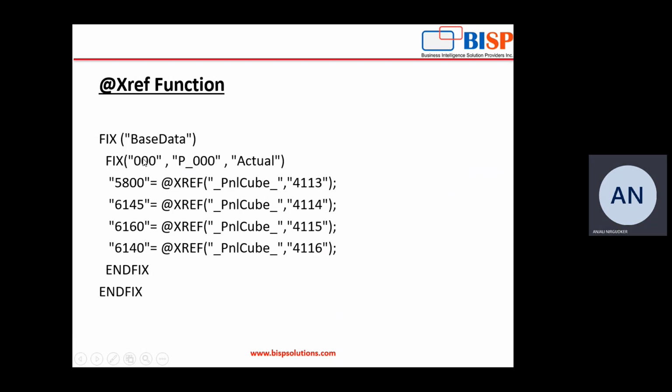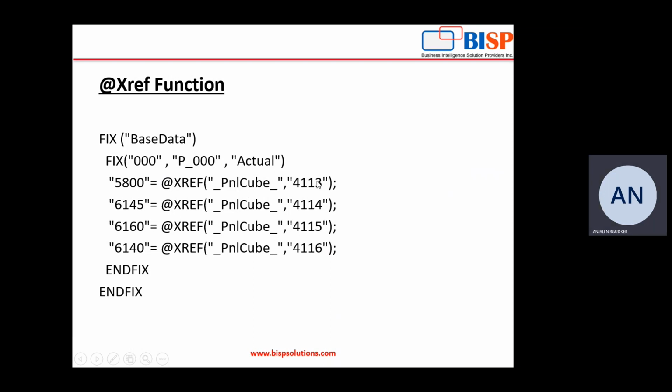Then nesting it, then another fix, I have used the entity 000, product is P_000, and the scenario which I have used over here is actual. These are the accounts, 5800, which exists on Plan 1.